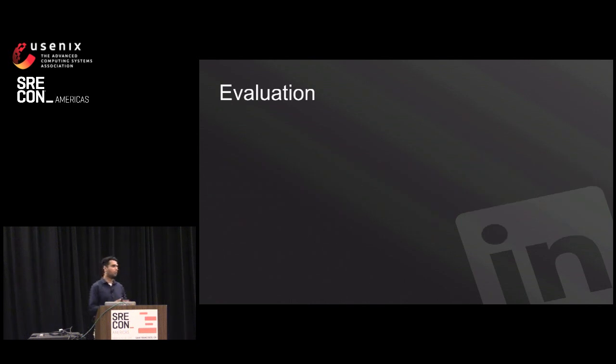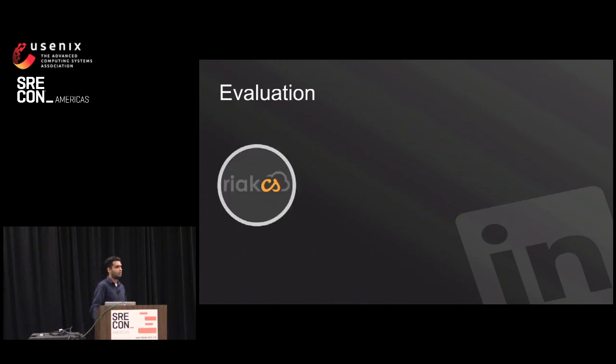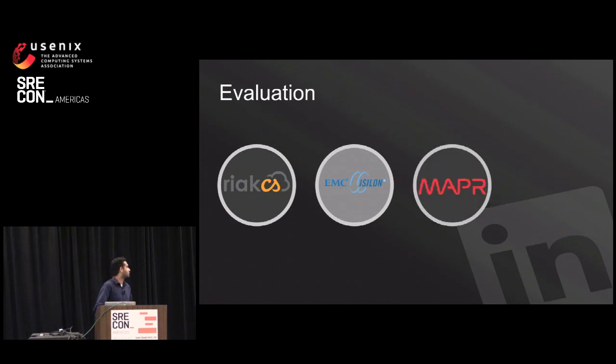So now that we knew what we wanted, we decided to do a little digging around. We wanted to see in the market what's available. So we considered a lot of solutions, and some of the most amazing ones that we came across were object store systems like Riak CS. We also saw other filer-based systems like EMC's Isilon. We considered clustered file systems like MapR. All these solutions were pretty good.